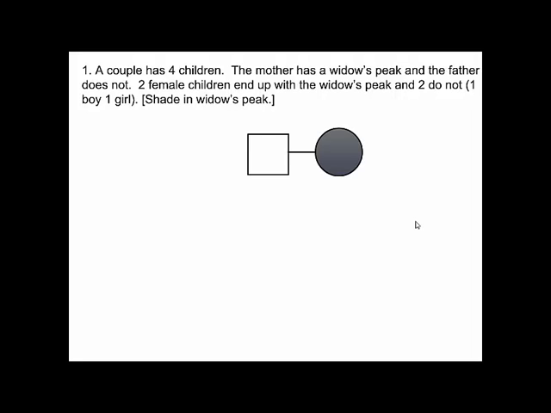Then what's next? We have our 4 children, so maybe our sibling lines. The question says 2 female children end up with the widow's peak. So what's their shape, and are they shaded in or not shaded in?